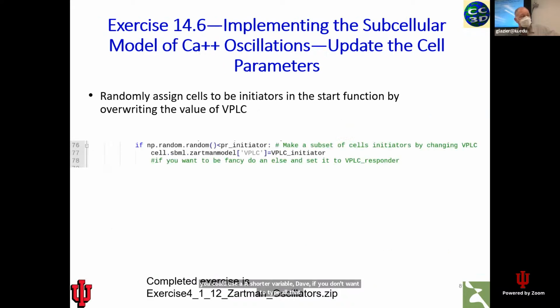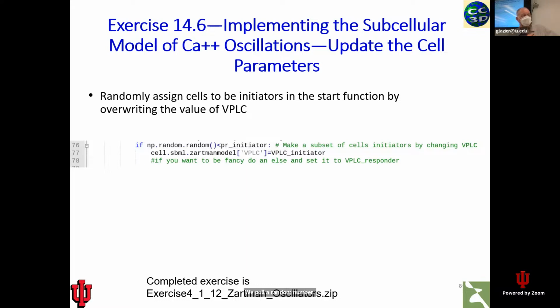And then in our start function, after we have loaded the SBML model, the Antimony model, into each cell, we can roll the dice. We pull a random number.